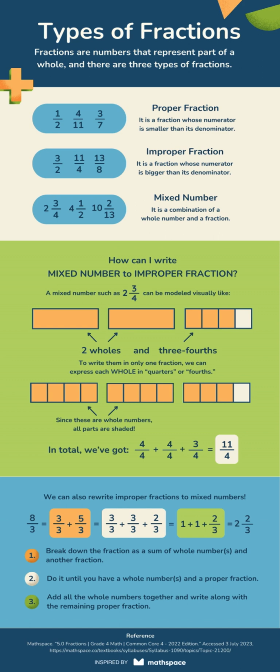Another way you can do this is by breaking down the fraction as a sum of whole numbers, which is what I was trying to explain. You break it down until you get a proper fraction, and then you add everything together.